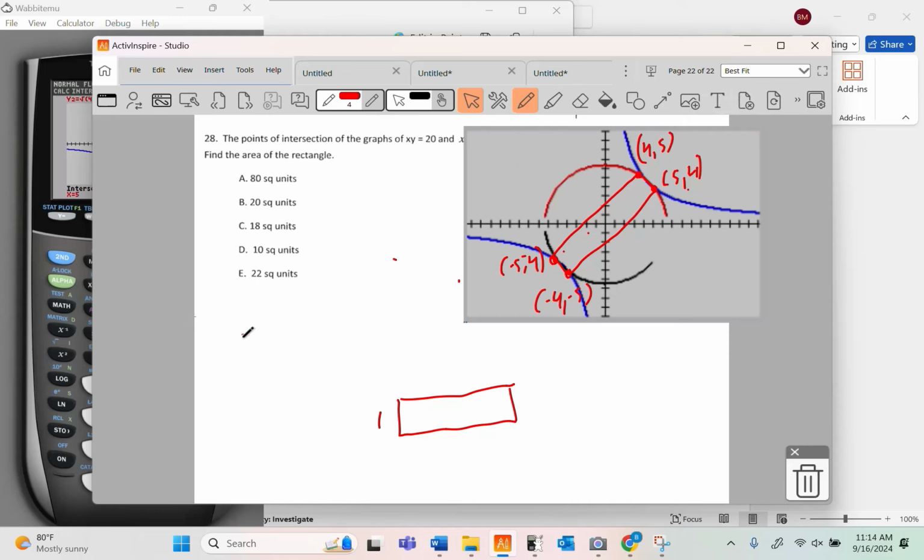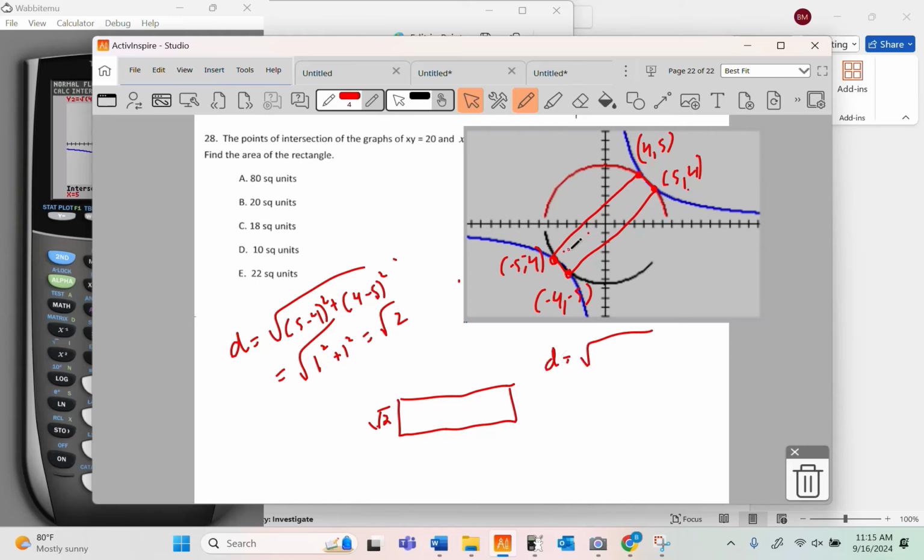Anyways, we're going to do distance formula. Distance is the square root of (5 minus 4) squared plus (4 minus 5) squared, and that's going to be 1 squared plus 1 squared, which is going to be root 2. It's a root 2 tall. Now we've got to figure out how long it is.